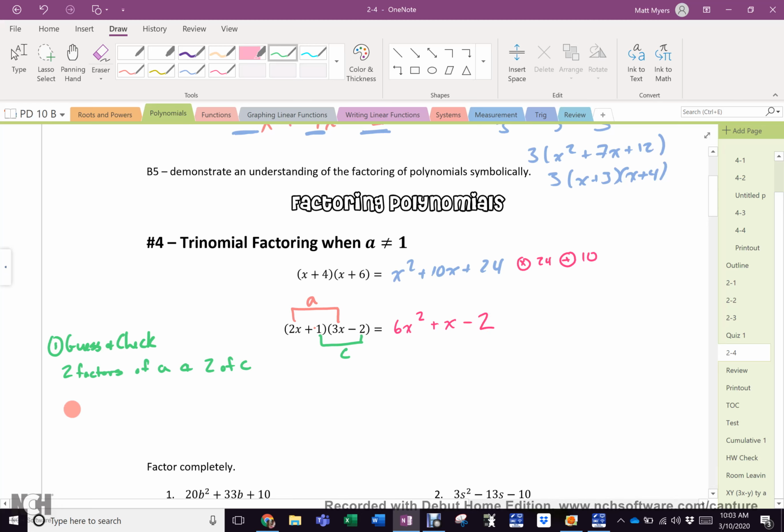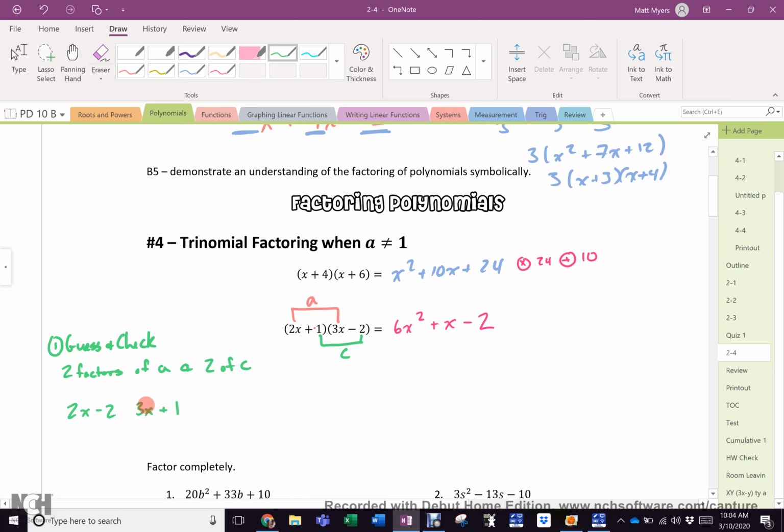So all we do is we guess and we check. It might be 2x, and it's got to be negative 2, right? So it might be 2x minus 2 and 3x plus 1, maybe. And then I check. 2x, 6x, 2 times 1, negative 2. Okay. 2x minus 6x. Oh, that's not 1.